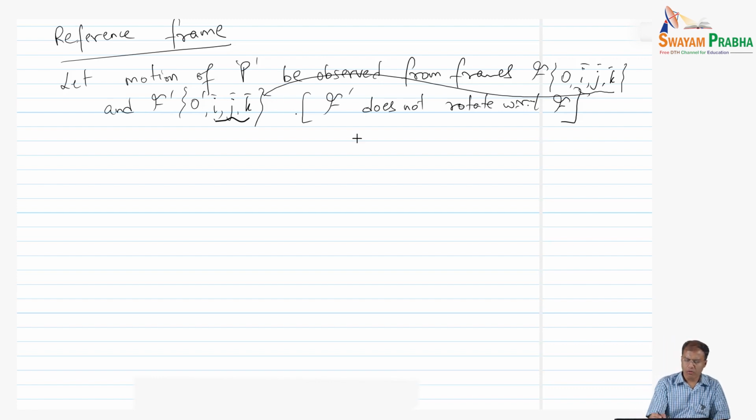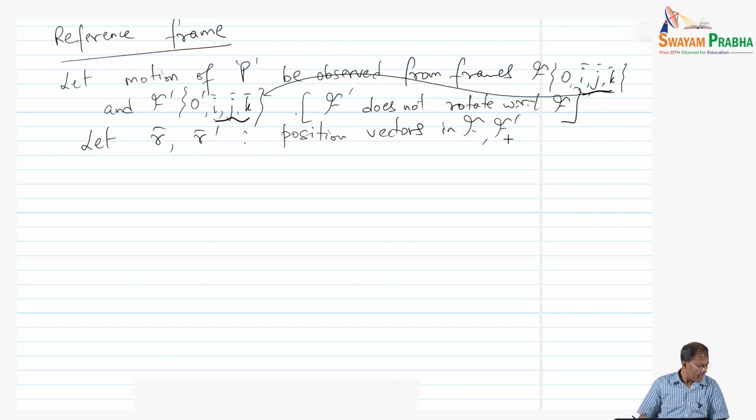And hence the coordinate axes are matching, right? Okay. So let my position vectors in the respective frames be R and R prime, the position vectors in F and F prime, right?